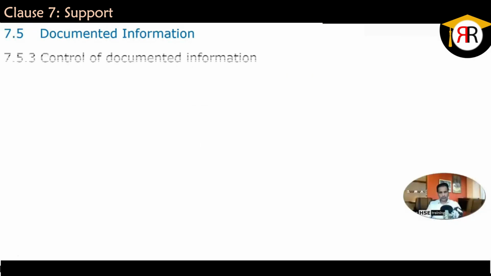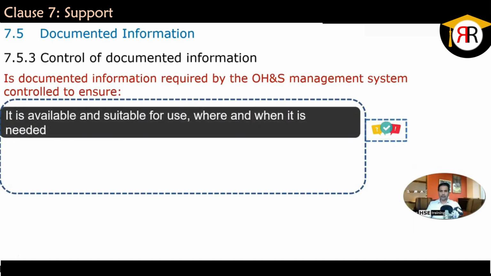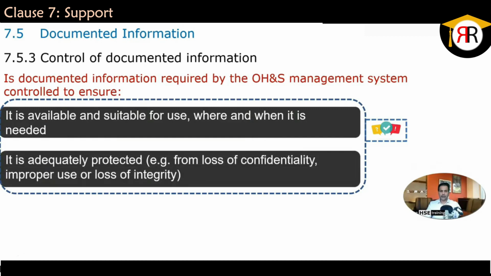For control of documented information, is documented information required by the management system controlled to ensure that it's readily available and suitable for use, and is adequately protected from loss of confidentiality, improper use or loss of integrity?